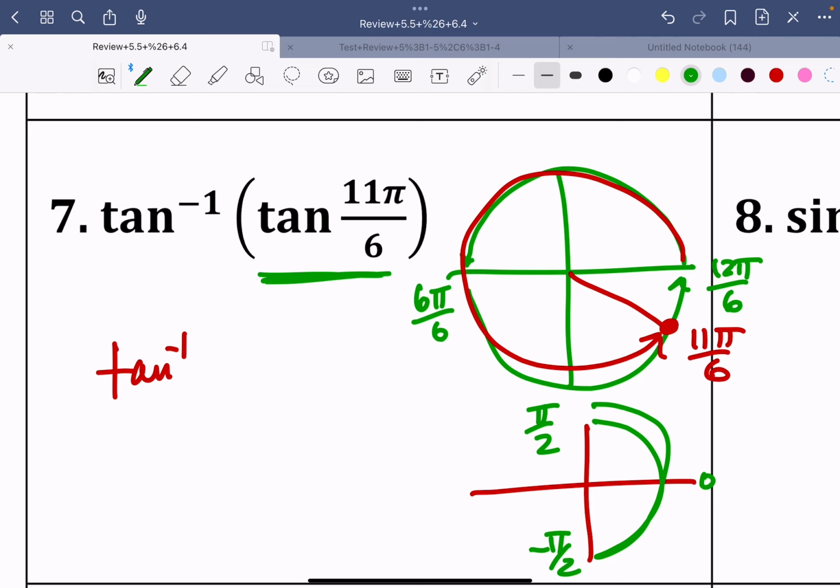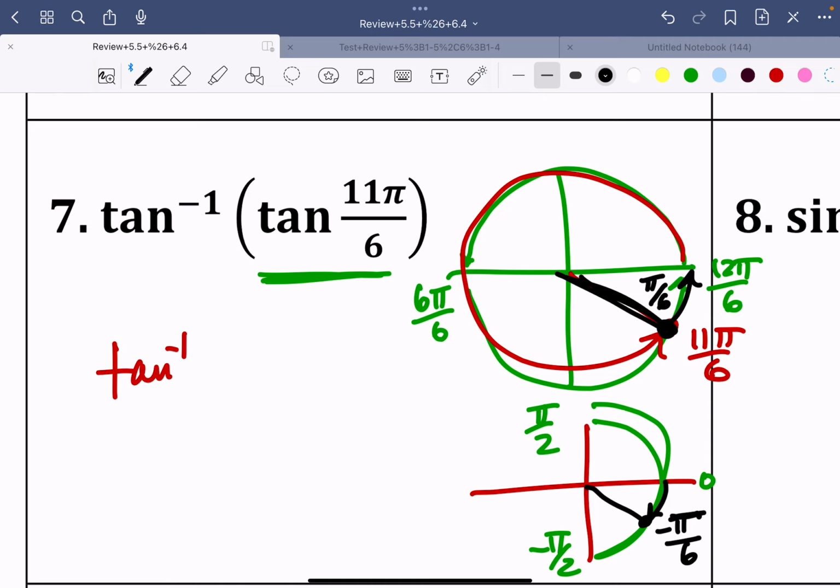then my angle 11 pi over 6 is the same thing as if we had stopped short pi over 6 of our axis. So that means if we go down to here, that's really negative 1 pi over 6.